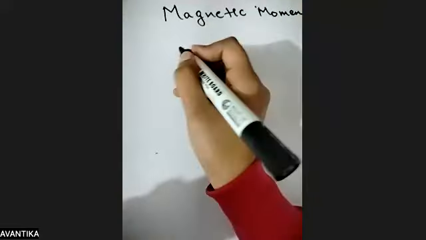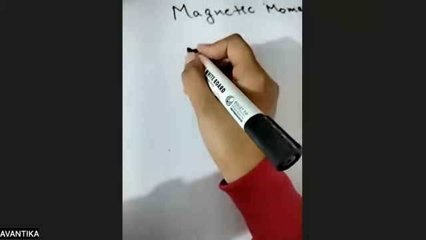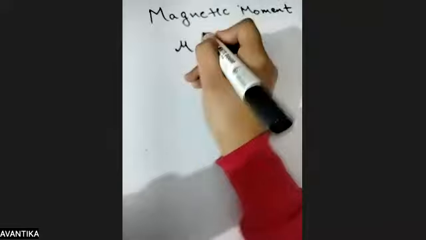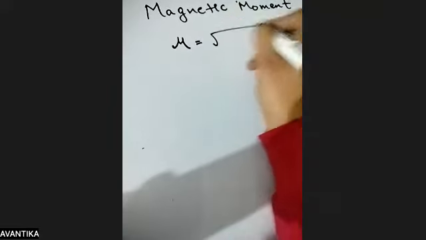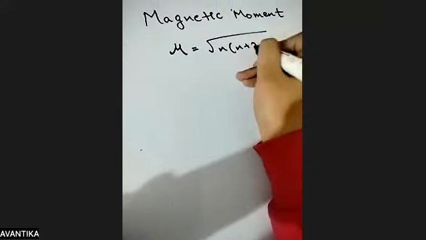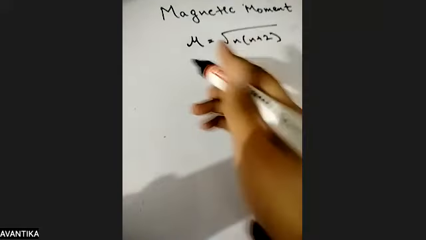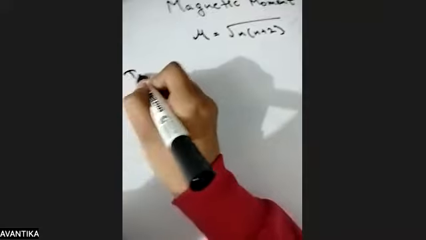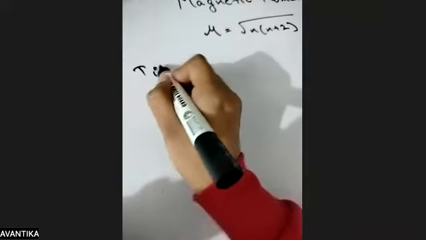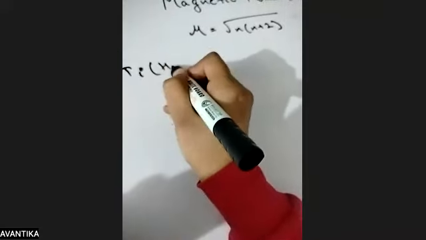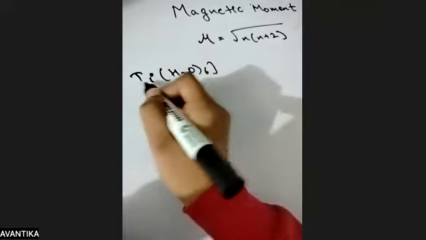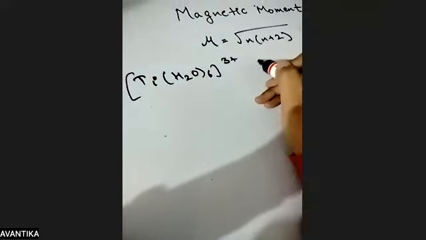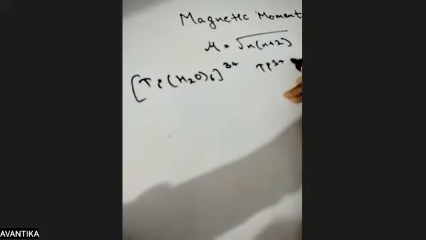Magnetic moment is denoted by mu, and its formula is under root of n into n plus 2. If we have to find the magnetic moment of Ti(H2O)6 3 positive, then its configuration is D1.